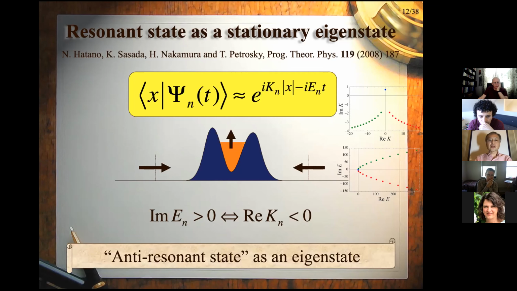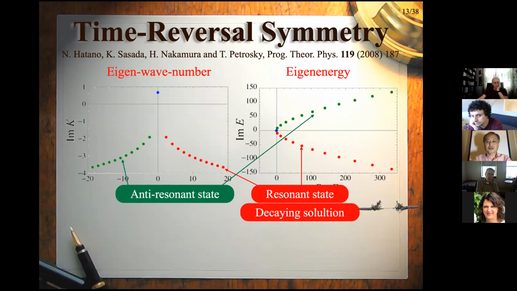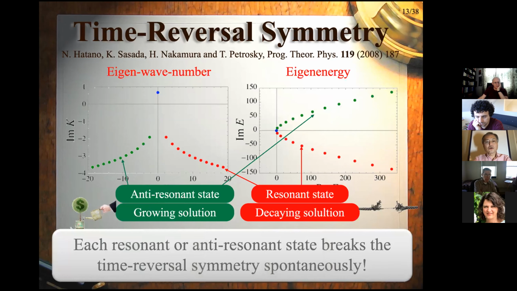This is an anti-resonance state as an eigenstate. The resonance state is a decaying solution, and the anti-resonance state is a growing solution. And the point is, although the original Schrödinger equation is time reversal symmetric, each resonance or anti-resonance state breaks the time reversal symmetry spontaneously.